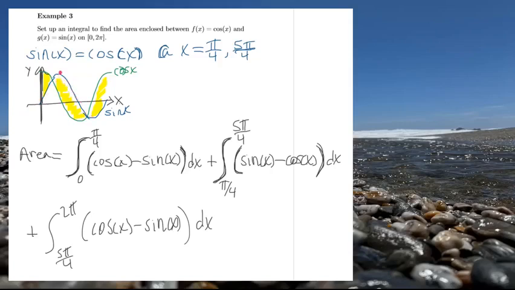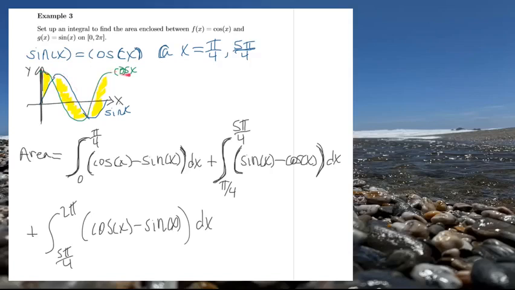So notice that this high point isn't directly over here because it's only off by pi over 2. It's ahead by pi over 2, not by pi. And pi over 4, halfway in between that, is where they intersect. And they also intersect here. So as you can see right here, green is on top. Right here, blue is on top.